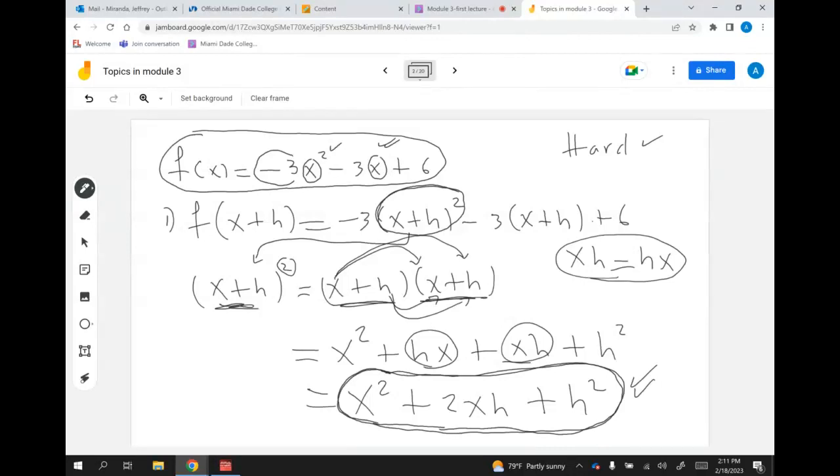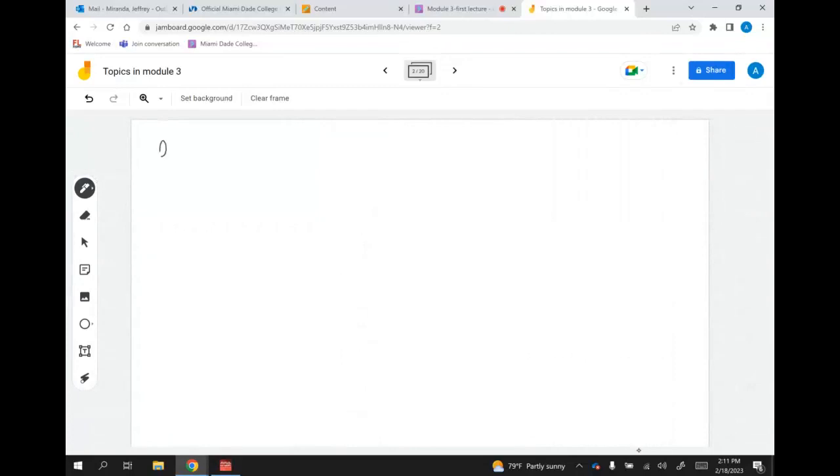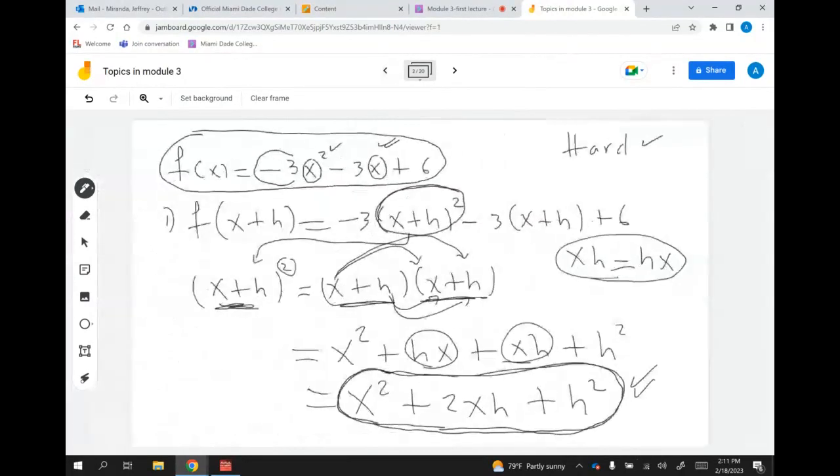So now I'm going to rewrite this here and expand it, because I already know what this is.